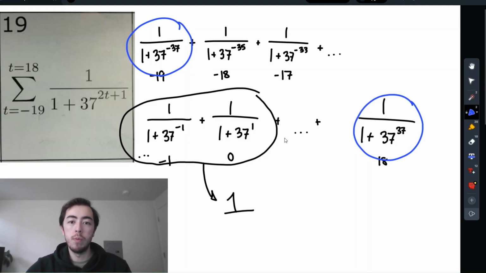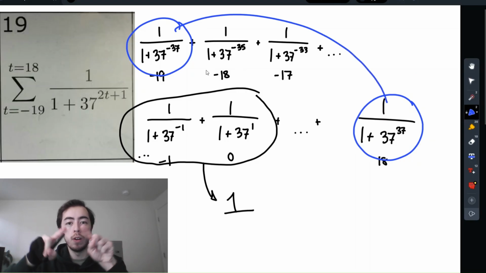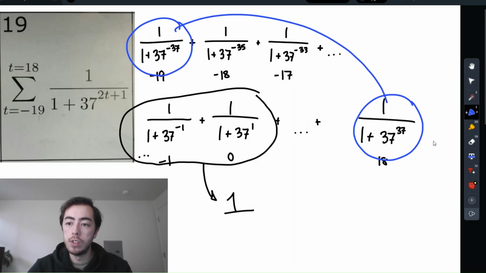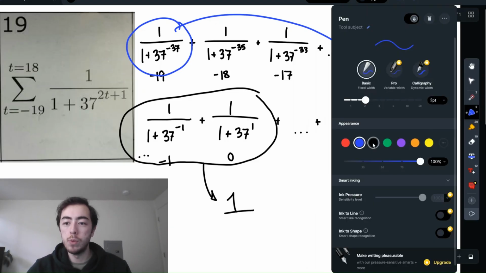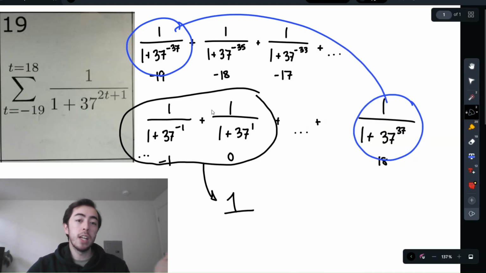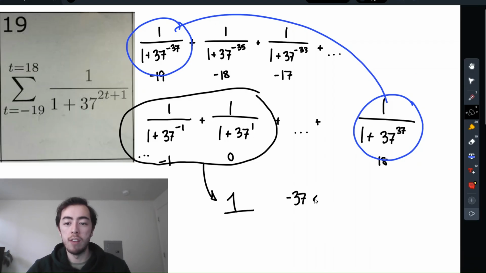So in the sum, we have a whole bunch of 1s, and we're just pairing up all of our terms outside in. We just need to count the amount of terms on the negative side or the positive side. We're trying to figure out how many odd numbers we have between, say, -37 and -1, or we could do the same thing between 1 and +37.